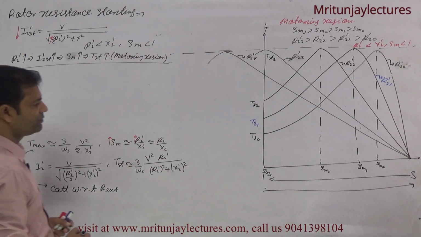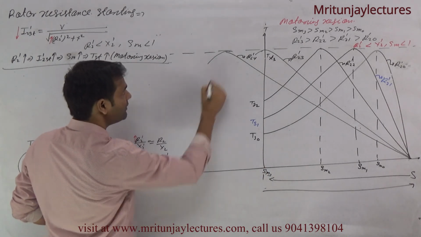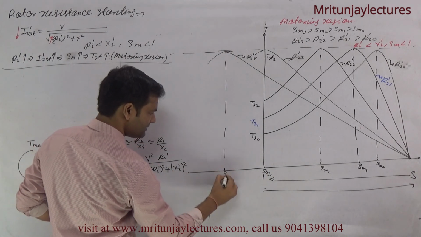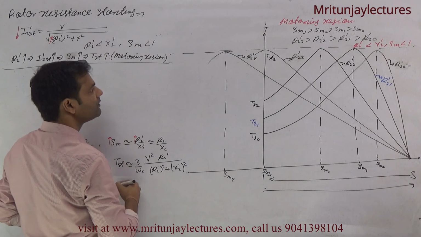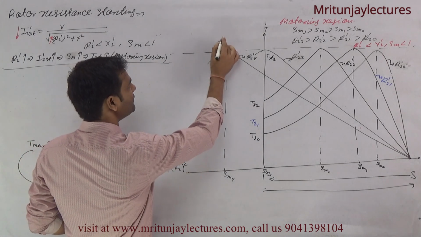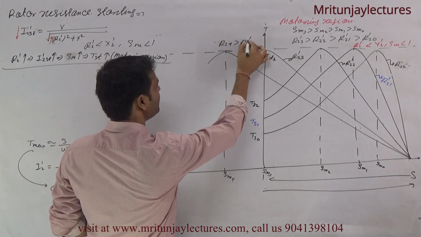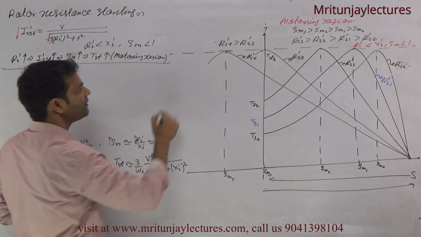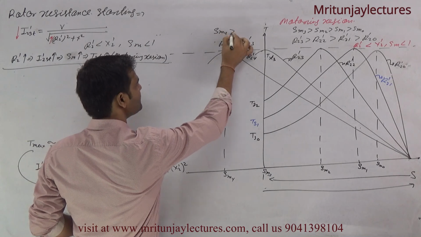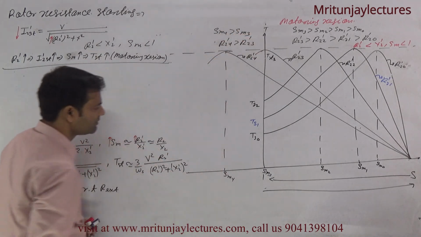Okay. Then what about slip? Corresponding to this one, that is SM4. So you can say that R24 dash is greater than R23 dash. And SM4 is greater than SM3.